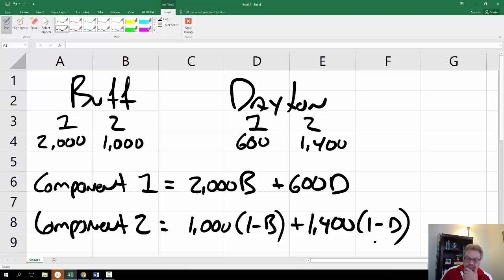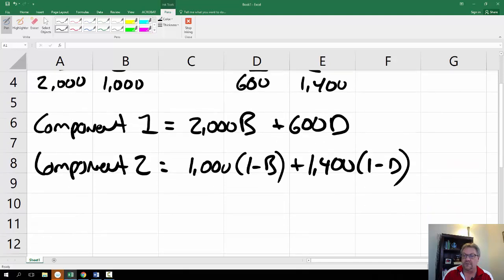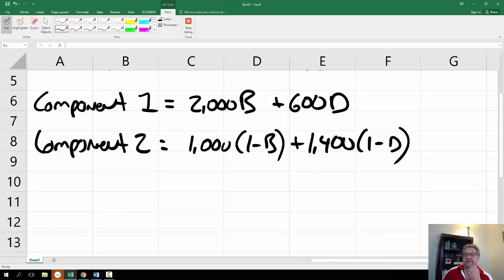All right? Now the key, at least in my opinion, to understanding this problem is to think as follows. We already know that we have to produce the same number of each component, right? Because your problem says, it's right here, each ignition system is assembled from 2 components.